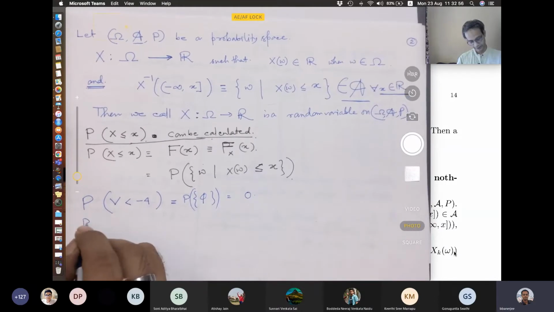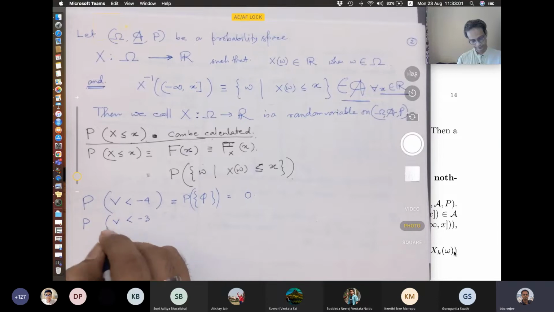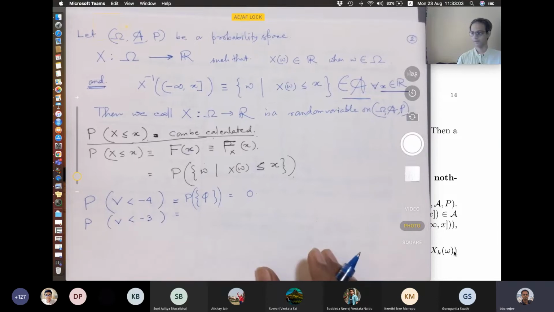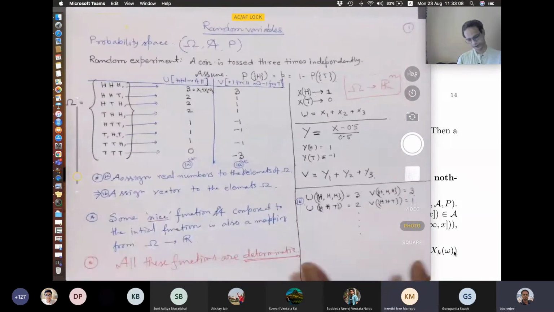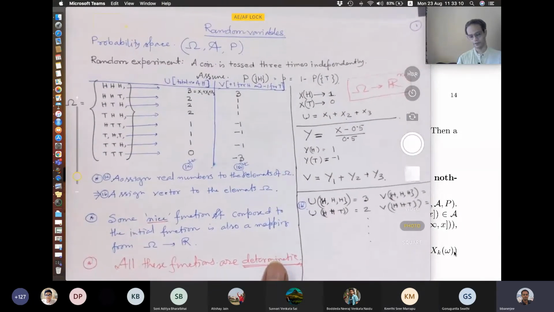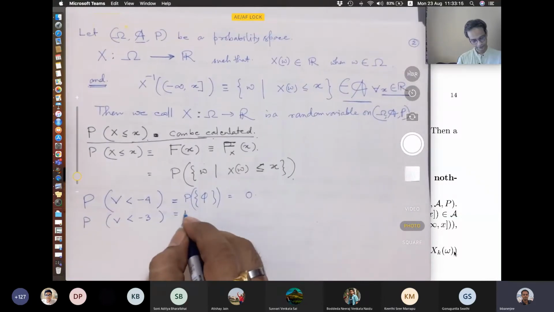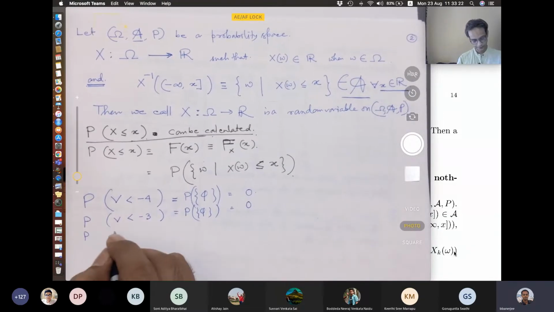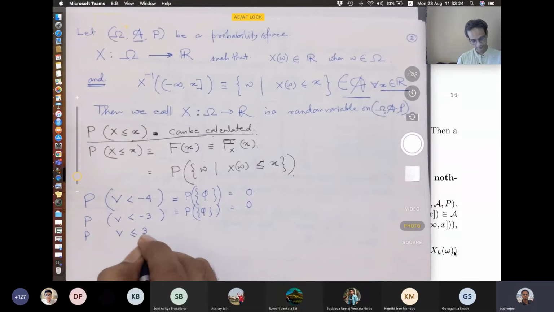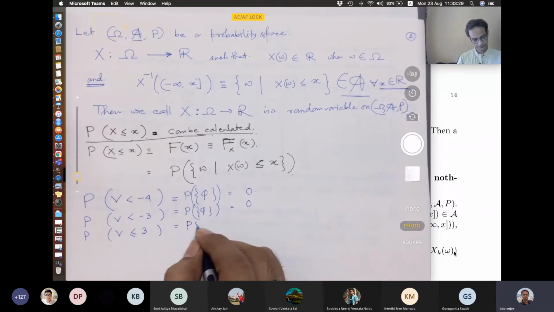Now if I say, what is the probability that V is less than minus 3? Zero. Again 0, because minus 3 is not included here. Okay, now the probability that V is less than or equal to 3? 1.